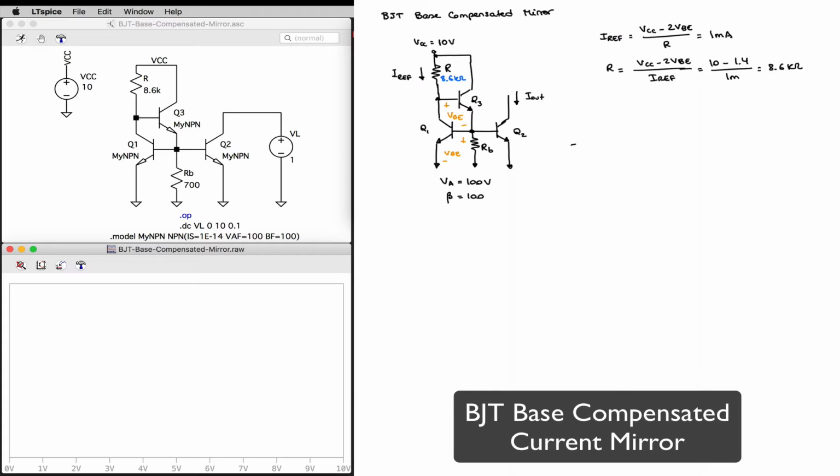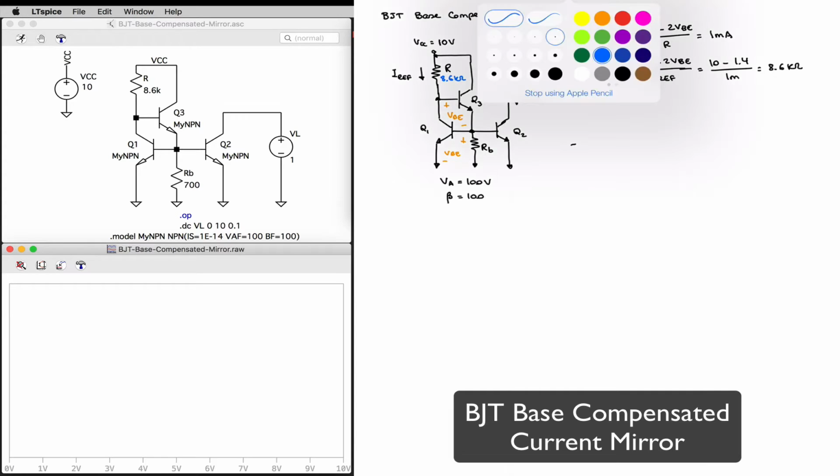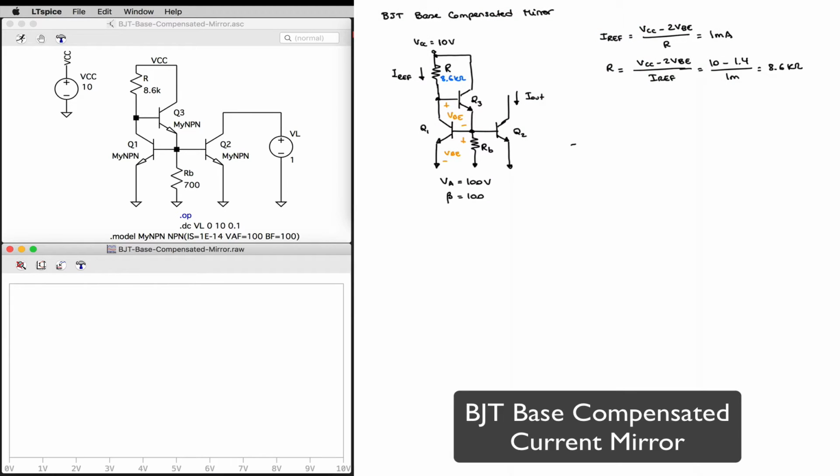If I wanted to have the same level of current flowing through transistor Q3, notice that I will need to select my RB resistor to have the particular value to give me a current of approximately 1 milliamp. In order to do that, I know that the voltage across resistor RB, by design, is going to be 1 VBE drop.